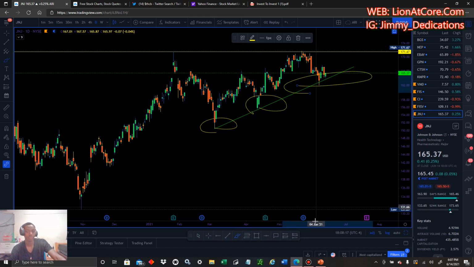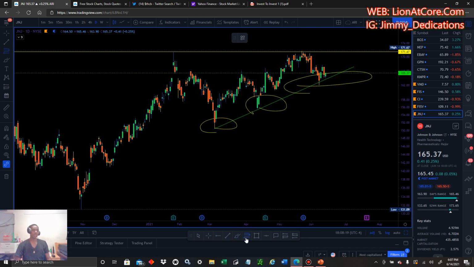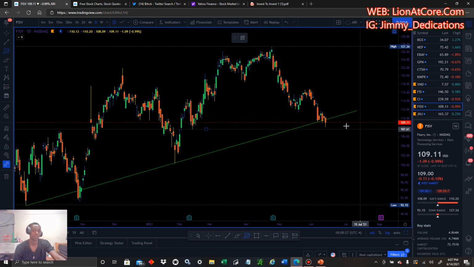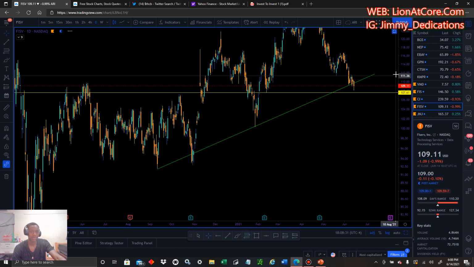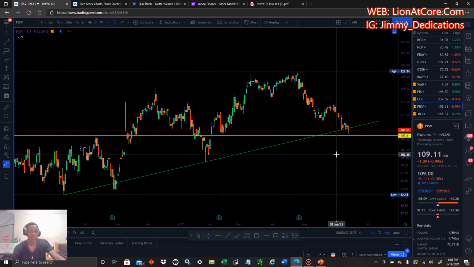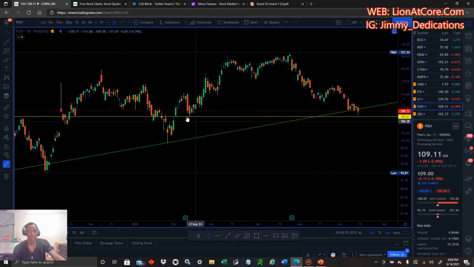Boom. And what you would do as a trader, oh, it's at the green line. I think it's going to bounce again. Let me invest into it. But you want to have at least 3 or 4 reasons why. Look at the same thing with this. It's at this little horizontal support. Boom. This is a straight line support and resistance.